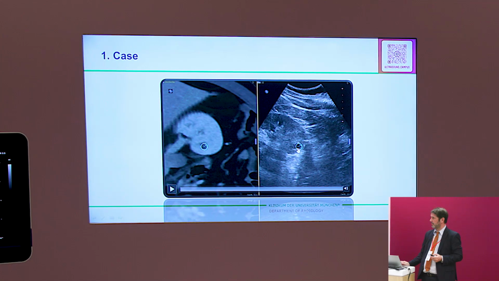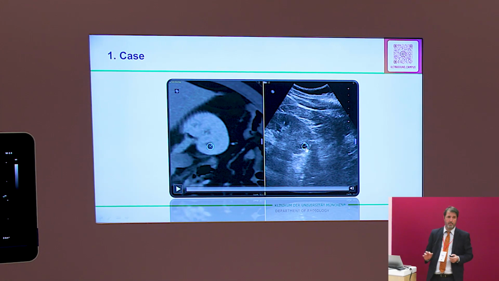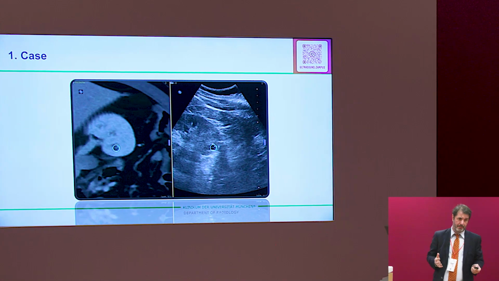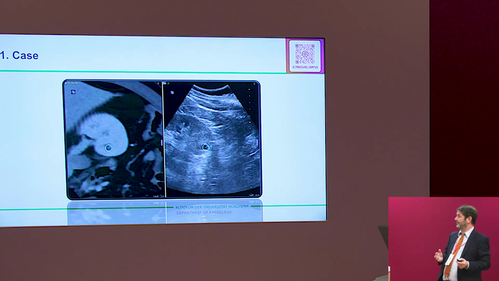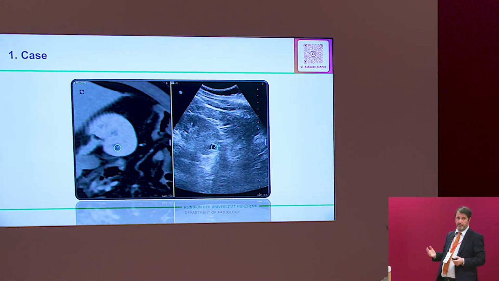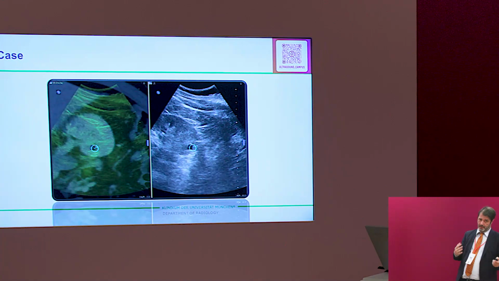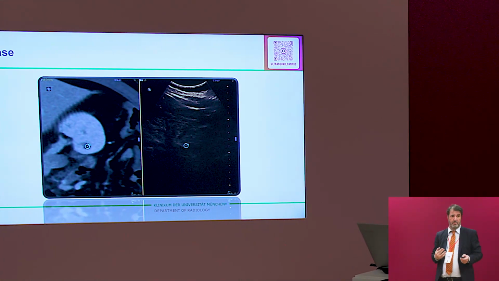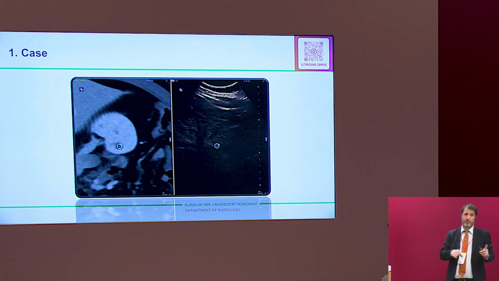What color is it? It's black. That's good. It tells you it's probably liquid. And now we have to prove whether it's really liquid or something else. If it is liquid, there will be no uptake, because we have no blood supply.